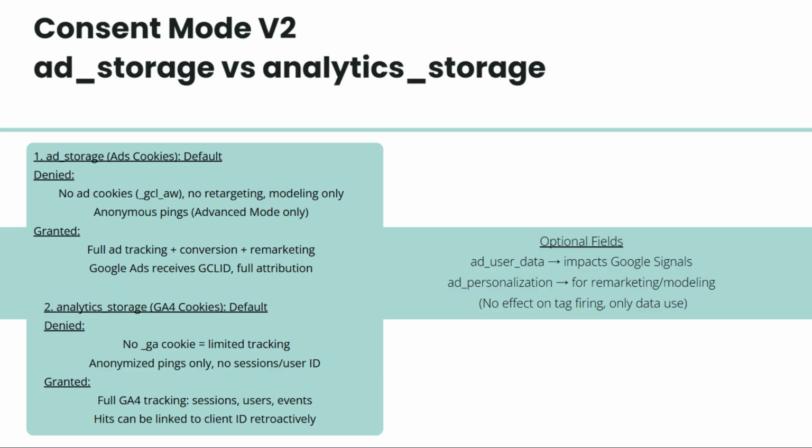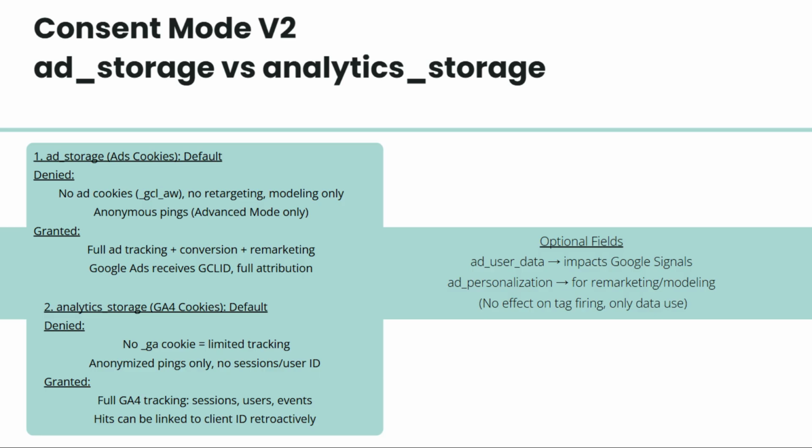GA might not track their session duration accurately, cannot tie multiple page views together as one user journey, and cannot do user ID-based analysis. However, aggregate counts like a page was viewed or a conversion happened can still be incremented. If you're using basic mode and blocking GA entirely pre-consent, then no GA data at all is collected until consent.